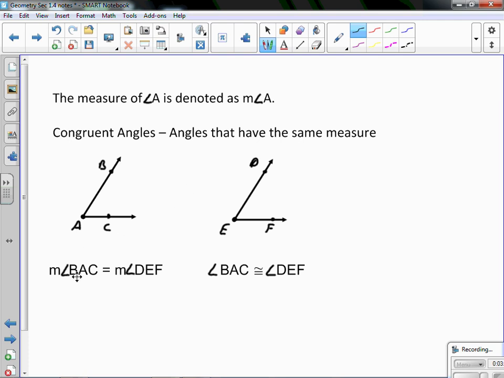So if the measure of angle BAC is equal to the measure of angle DEF, then we can say that angle BAC is congruent to angle DEF. Remember, the equal sign with the little squiggly line is the congruent symbol, which just says we're comparing two things that are exactly the same. So in this case, if the measures are the same, if one had a measure of 60 degrees, the other one would also have a measure of 60 degrees.